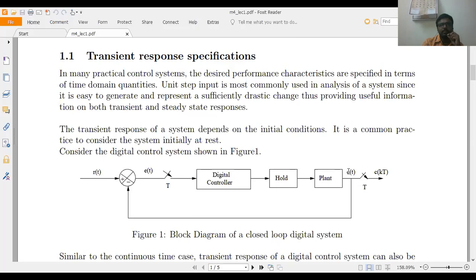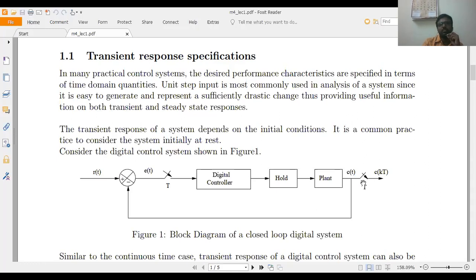C of t is nothing but the output which comes from this particular system. But we need that output in digital terms. We have to derive this output signal in terms of a digital system, in a digital scenario.